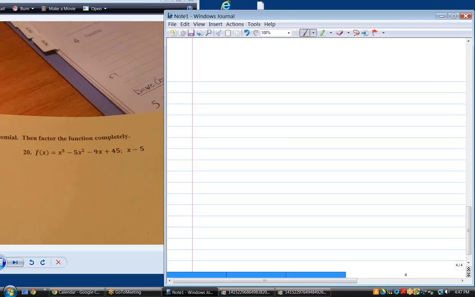Okay, so let's do this synthetically. Tell me where everything goes. So positive 5 in the little box. Then 1, negative 5, negative 9, then 45. Here is typically where you would find dummy variables, in the higher degree polynomial.